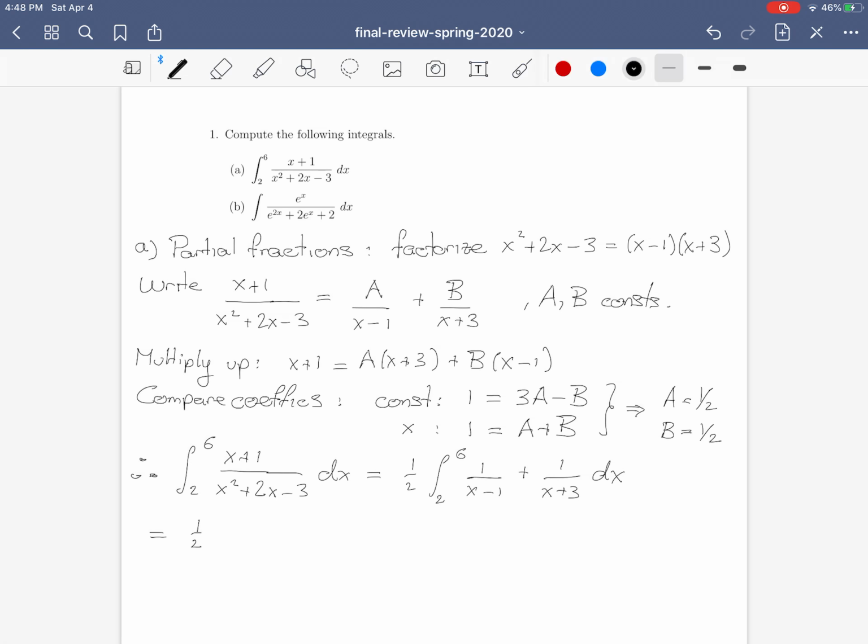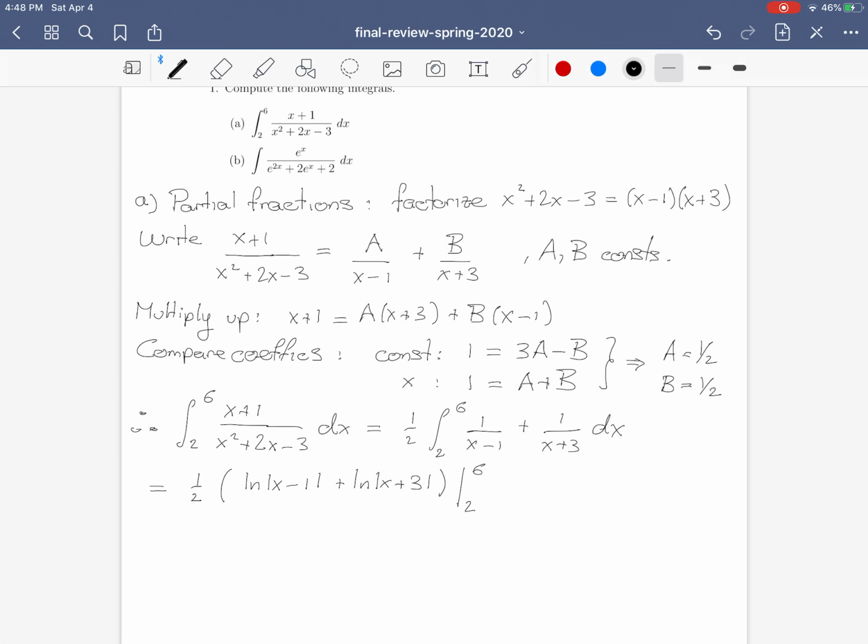So now we can integrate both terms. The first term is ln absolute value of x minus 1. The second term is ln absolute value of x plus 3. And all this is evaluated at the limits of integration.